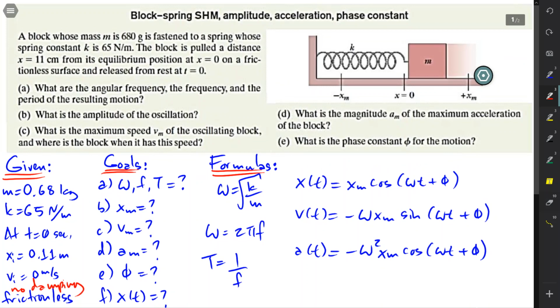And we have a plethora of things we're going to solve for. Angular frequency, frequency itself and the period, amplitude of the displacement and the position, amplitude of the velocity and acceleration. These should not be the same thing. And also the phase constant.